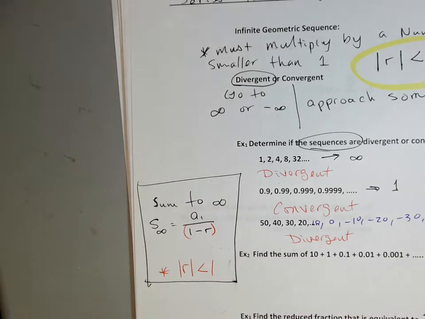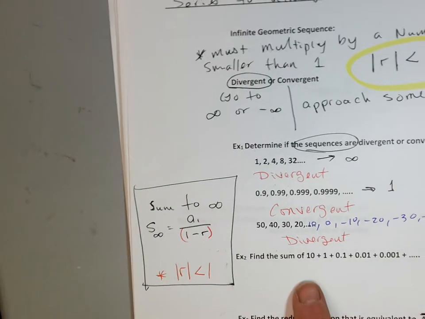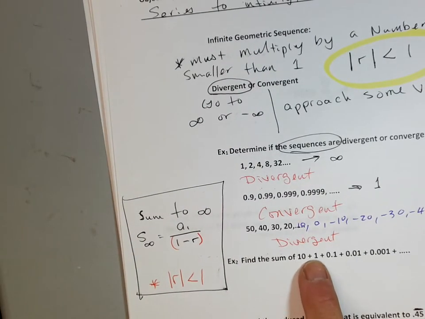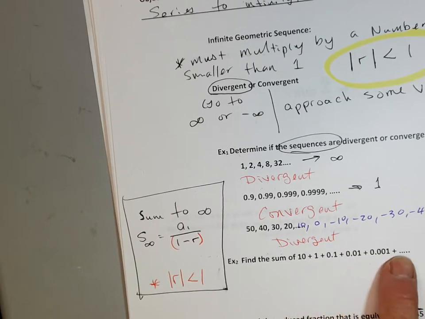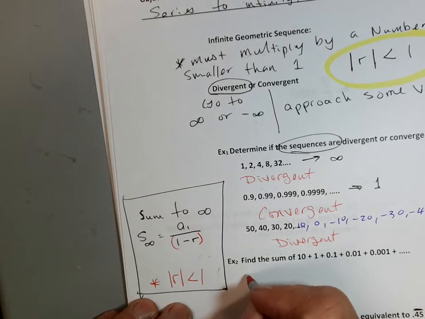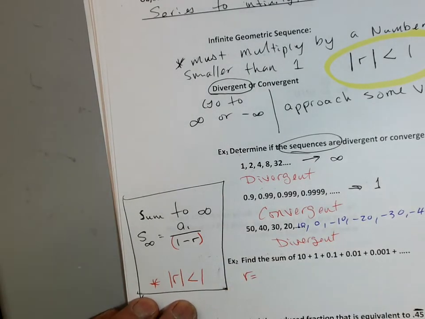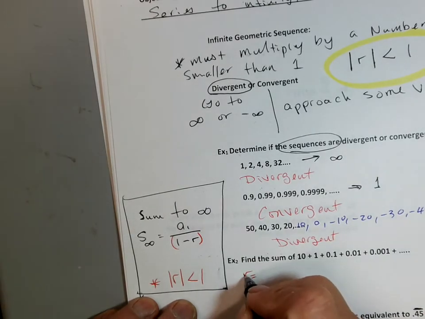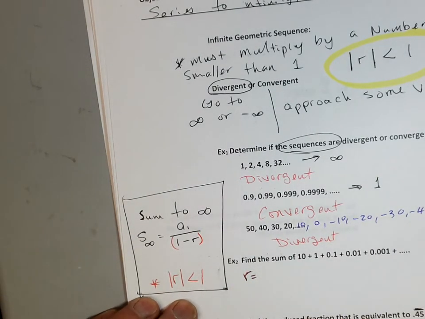Let's do it. So example number 2. I've got 10 plus 1 plus 0.1 plus 0.01, 0.001. Is it getting smaller and smaller? Yeah. So the last piece I add up should be nothing, so I should be able to add them all up, right? So, first of all, what's my R? What's my multiplier?